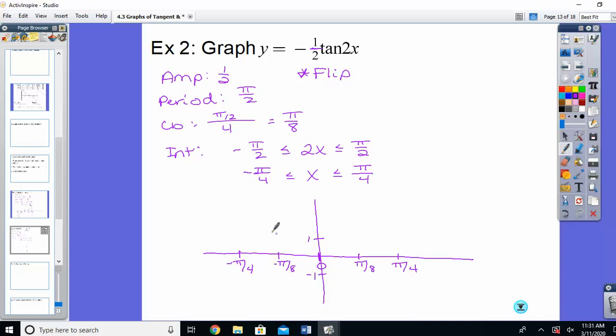We picked this so that we have asymptotes at both ends. Then tangent typically starts down low and rises. But because we flipped it, it'll start at its high point, which will be at +1/2. The center point is always the 0, and then we go to the -1/2.